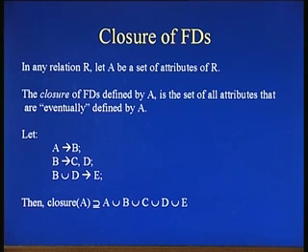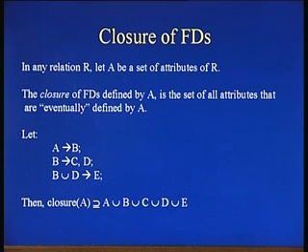The closure of a set of attributes A, where A is a set of attributes in any given relation R, is the set of all attributes that are eventually defined by A. That is, how we can eventually uniquely determine what all attributes can be uniquely determined by A. For example, in a given relation, let the set of attributes A uniquely define a set of attributes B. Similarly, let the set of attributes B uniquely define two other sets of attributes C and D. Now let the combined sets of attributes B and D uniquely determine another set of attributes called E.